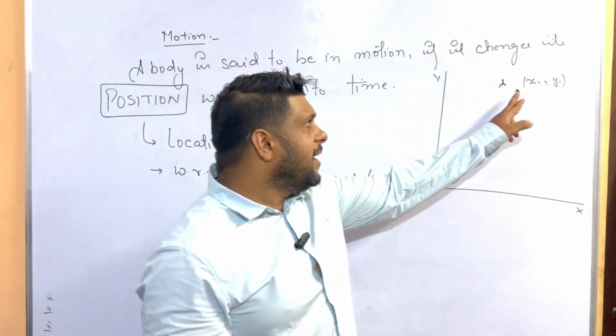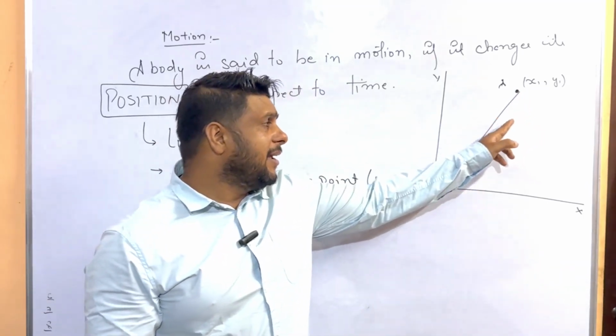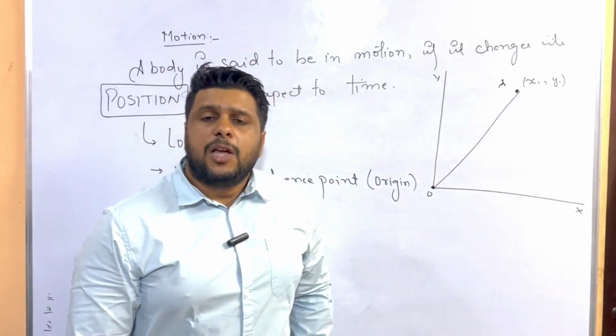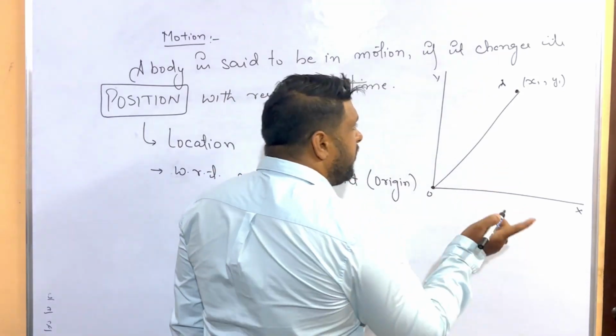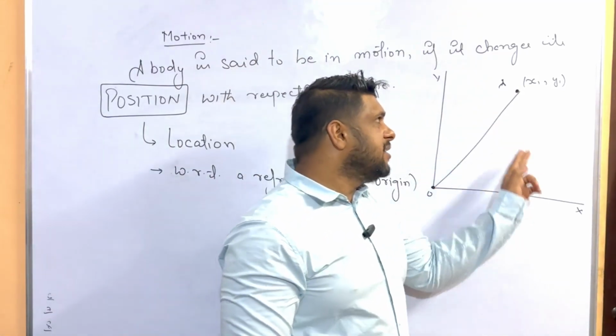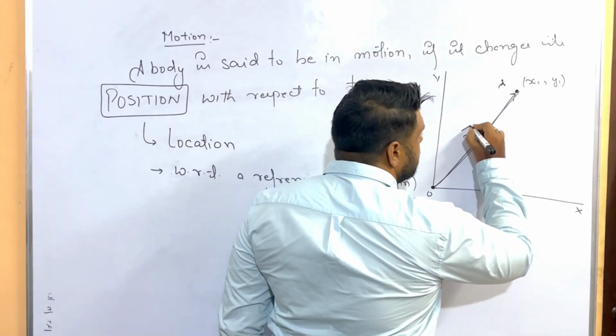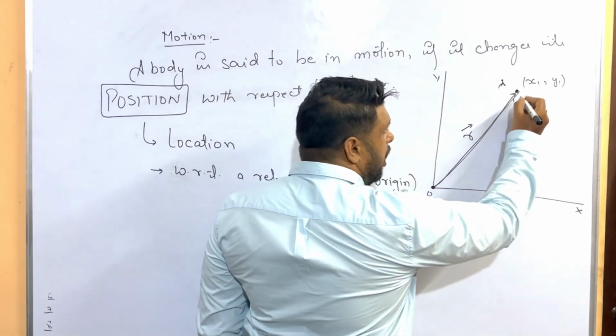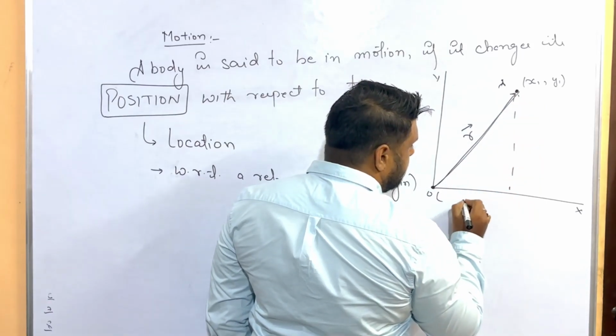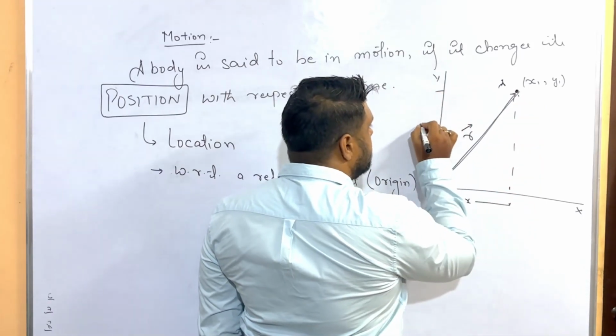So we are trying to define the position of the particle A with respect to the x and y coordinates here. Now in vectors, we have studied this line from the origin represents its position vector. So how do we define position vector? Let's say this is x, let's say this is y.